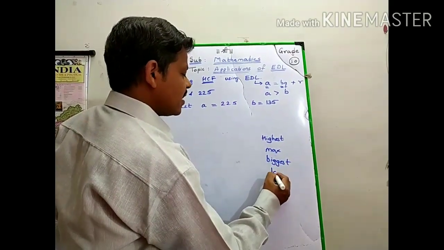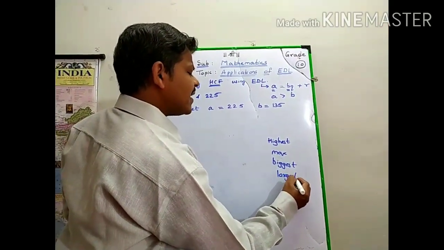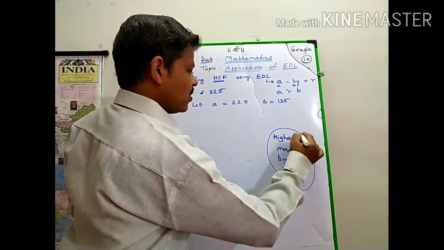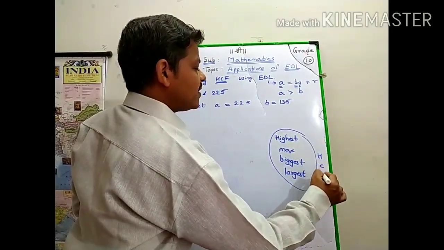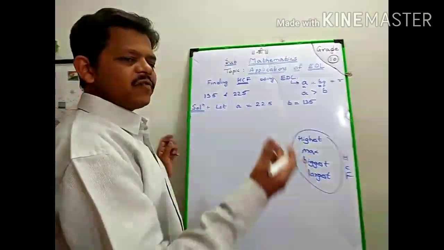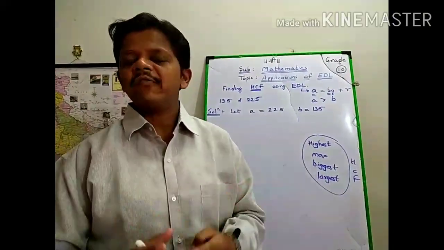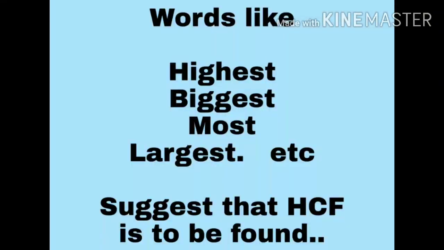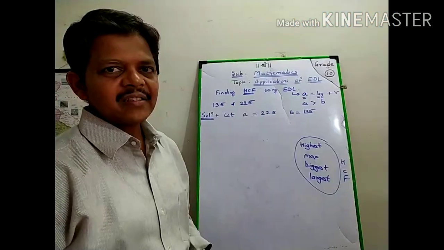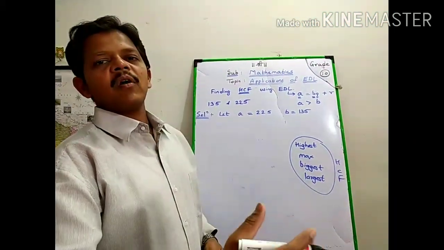Indirectly they are suggesting that you need to find the HCF of the given integers in the word problem. This is a hint for you, children. Whenever you observe words like highest, biggest, maximum, largest, understand that you have to find the HCF. Now in this question, they have asked us to find the most number of rows.